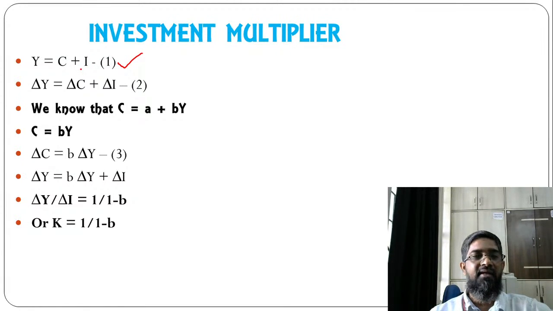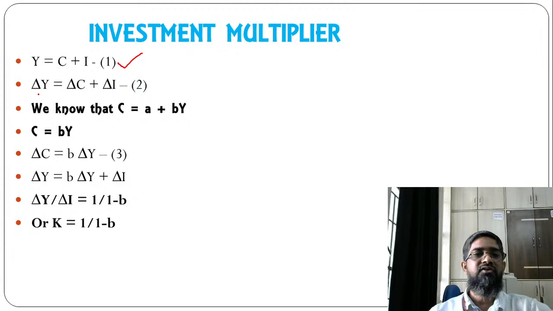In simple format, aggregate demand is equal to C plus I, right? Actually it has 4 components, but in a simple closed economy model you have these 2 components, C plus I. I will see this autonomous investment later on.